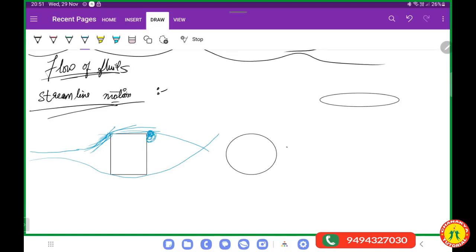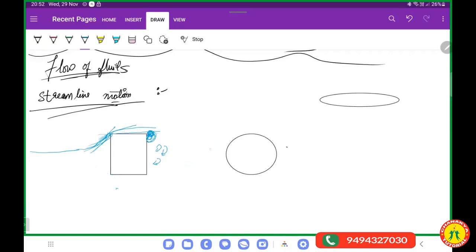So it will create a wake region. Wake region in the sense it will create a drag force, and it will move back here. Drag force is a force which is opposing, in other words, friction force.